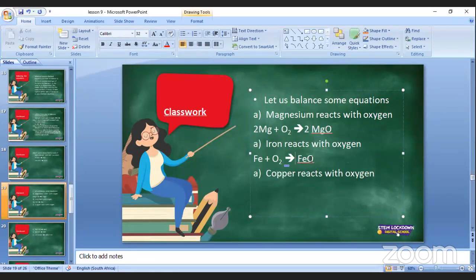So how many irons do we have on the right? 2. How many oxygens on the right? 2. On the left, how many oxygens? 2. How many irons? 1. So which coefficient are we going to put in front of Fe? 2.